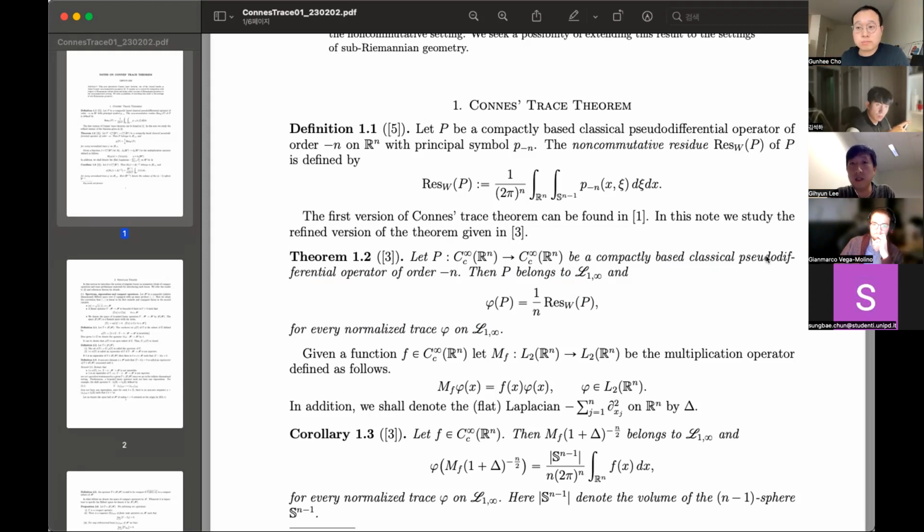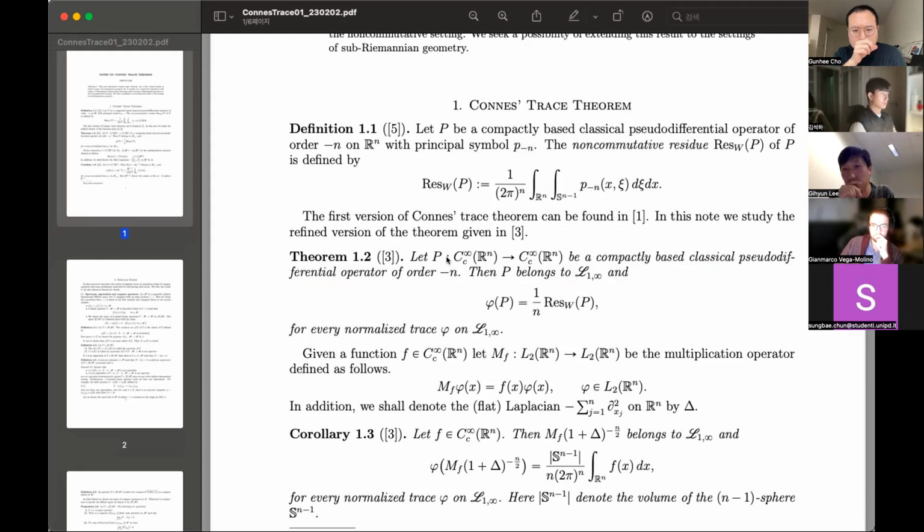And in the theory of pseudo differential operators, we allow that the symbol of the pseudo differential operator has infinitely many homogeneous parts.